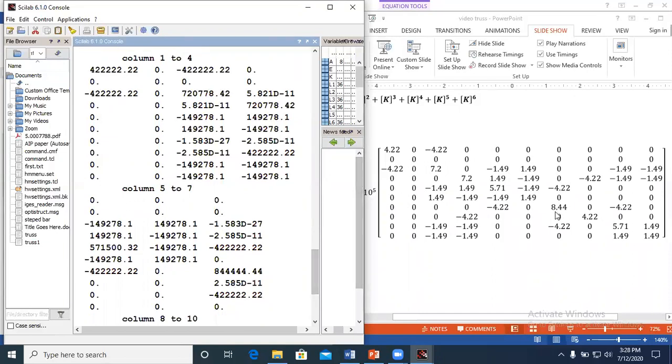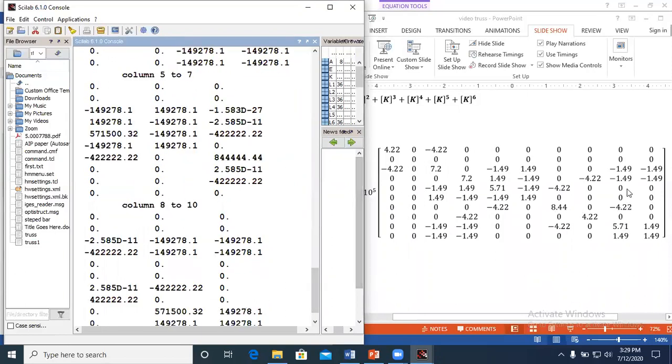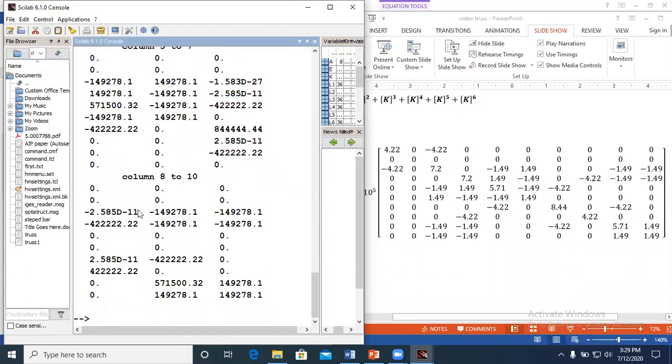Next 0, 1, 8.44. Next, this term is 0. This is minus 4.22. And 8th column, you can observe this. This is 0, 4.22, 0, 0, 0. 3 zeros are there. 4.22. Ninth, first two terms are 0, minus 1.49, 4.22, 5.71 and 1.49. Last 0, 0, this 1.49 and 4 zeros are there, 1.49, 1.49.